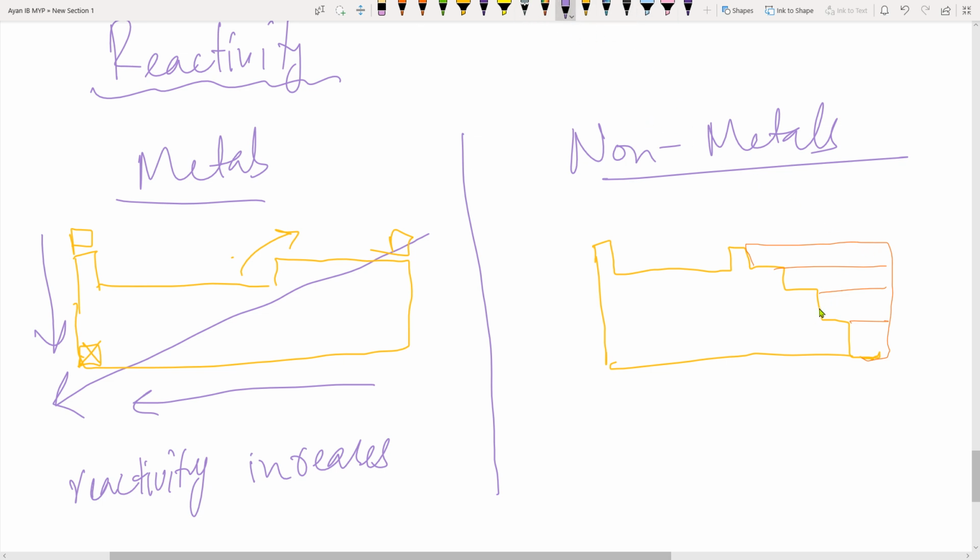So up the group, or from left to right, the reactivity increases. So the reactivity of non-metals increases this way. That means this one that I'm circling is going to be the most reactive, which is your fluorine.